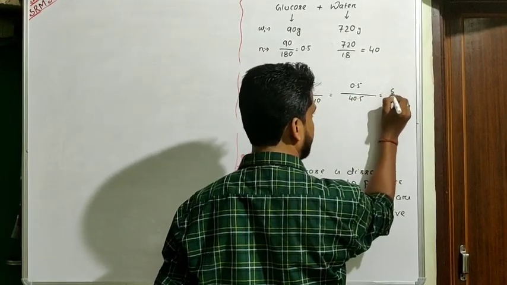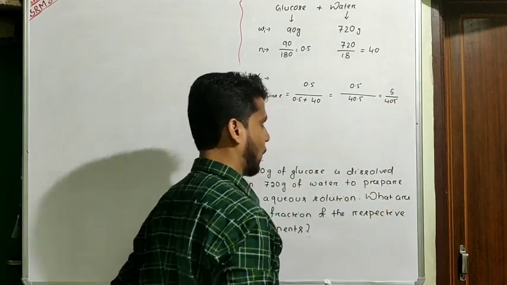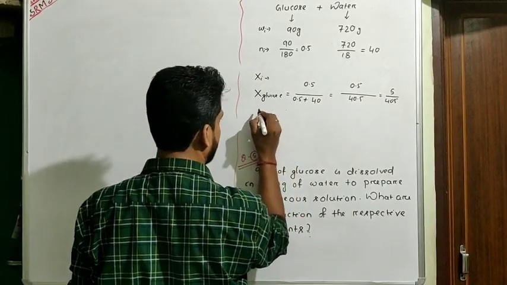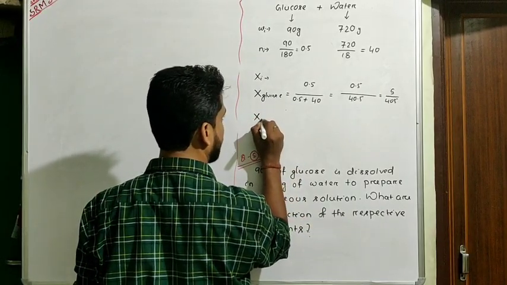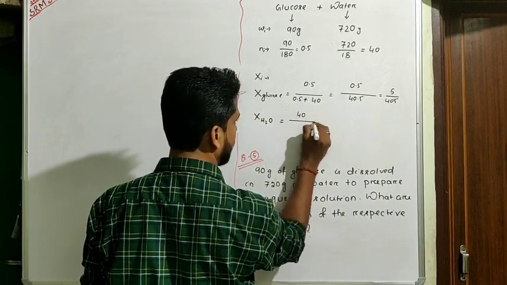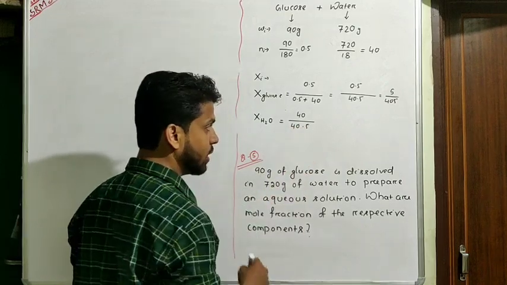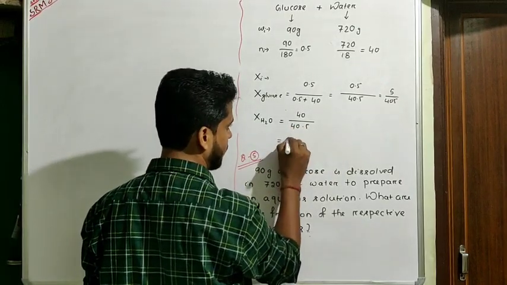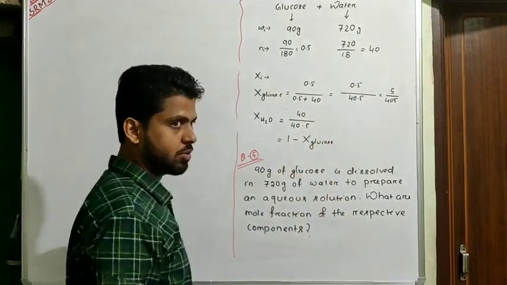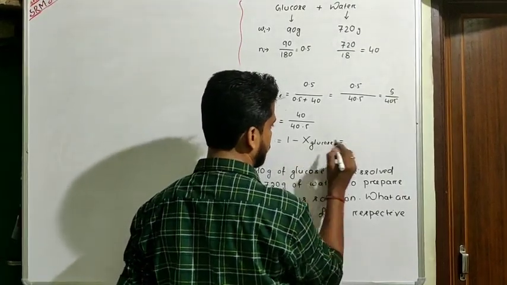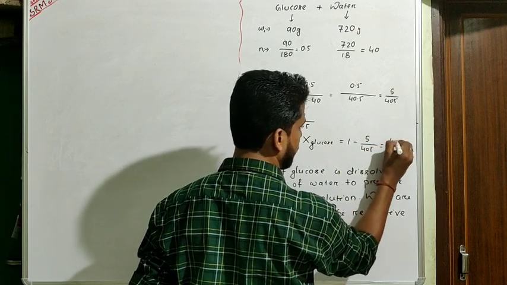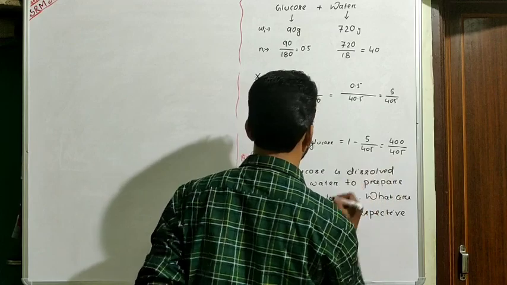So this is 5 by 405. Then the mole fraction of water is 40 by 40.5, or it can also be found by 1 minus x of glucose, because no other components are present there. That is 1 minus 5 by 405, that is 400 by 405.